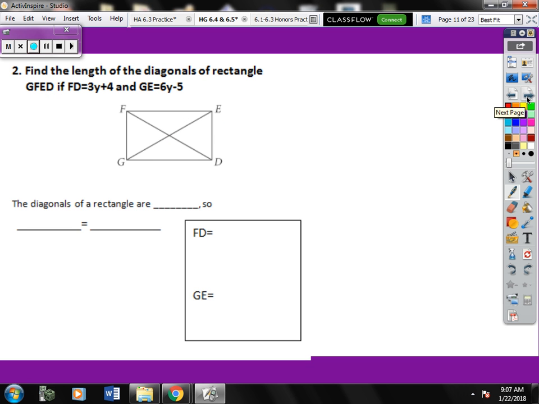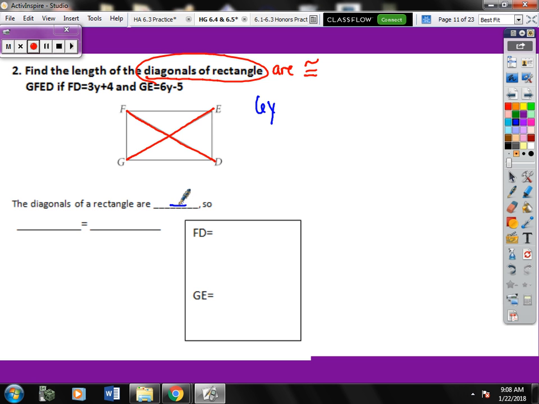Next one says, find the lengths of the diagonals of a rectangle. We're given that this is a rectangle. And they tell us that FD is 3y plus 4 and GE is 6y minus 5. Well, the diagonals of a rectangle are congruent based on the theorem we learned. So if they're congruent, then they have to be equal in length. So we would just set these equal.